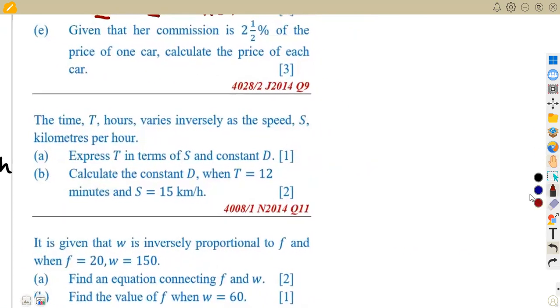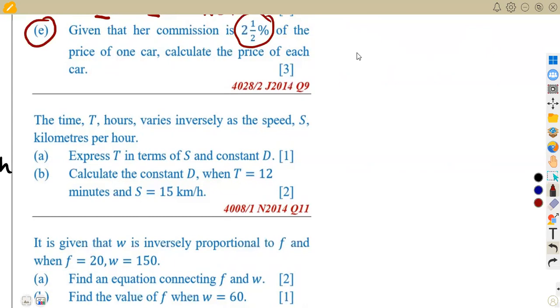On E, they gave us that her commission is 2.5% of the price of each car. Remember, a commission is a certain amount that you get, like a thanks, for whatever you have put into the business.